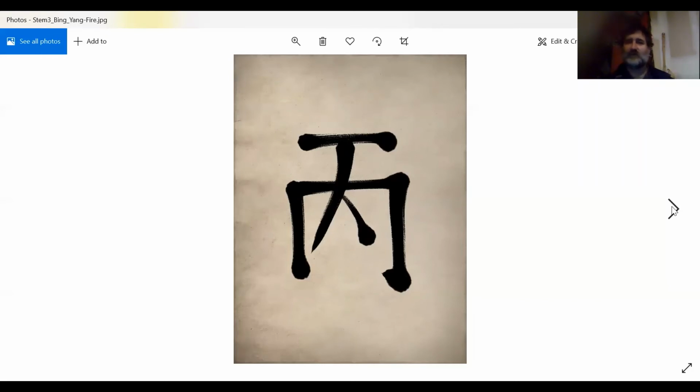Very intense, very destructive, very dangerous, very strong. It is the height of yang, and so it is not really very sustainable, but it can do a lot of damage before it retreats. Very powerful. Yang fire.